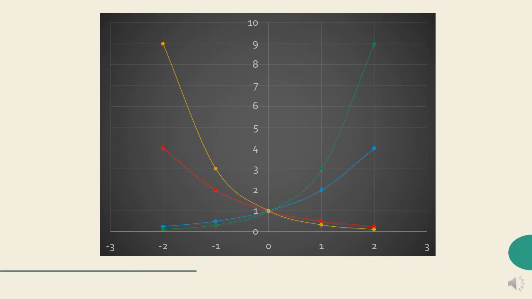So the first thing, let's label these. The green one was 3 to the x, and the blue one was 2 to the x. And the yellow one was 1/3 to the x, and the red one was 1/2 to the x.